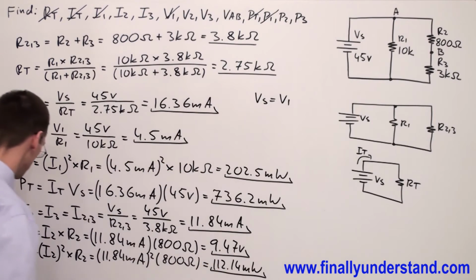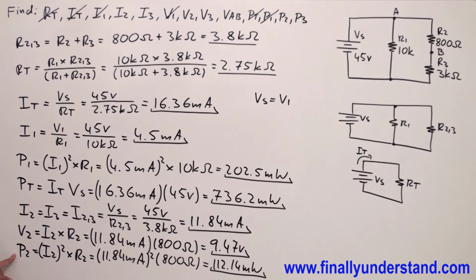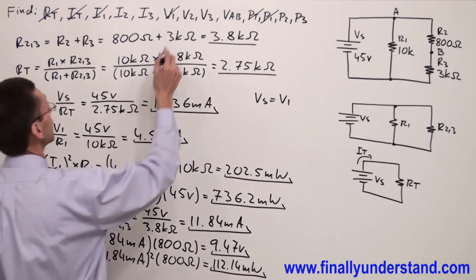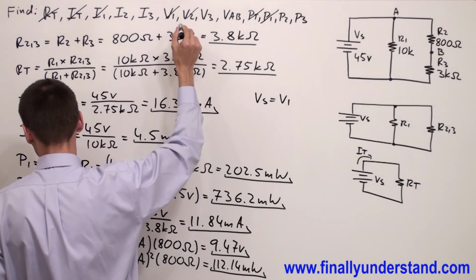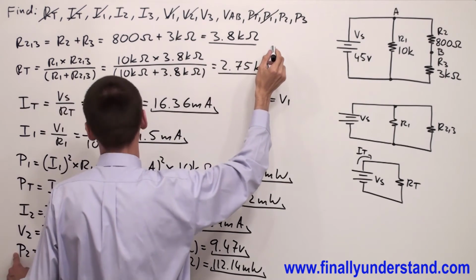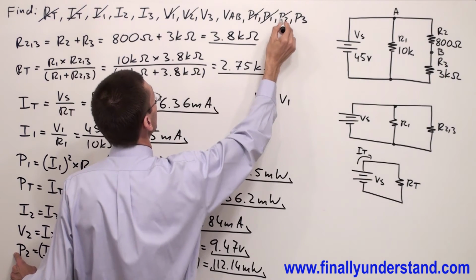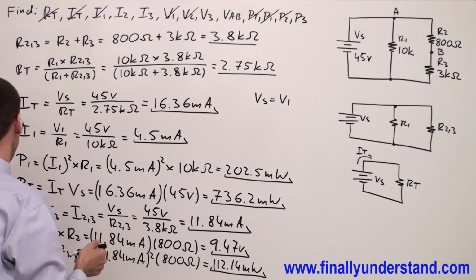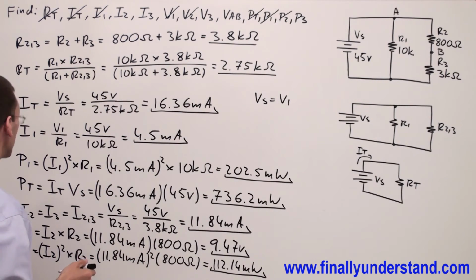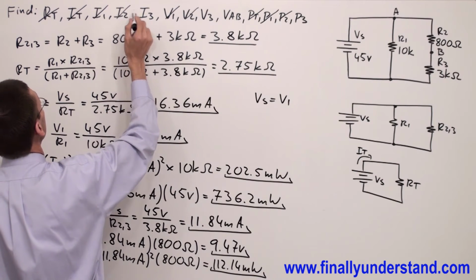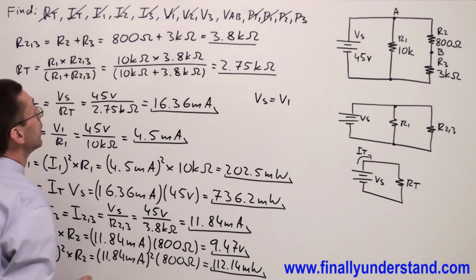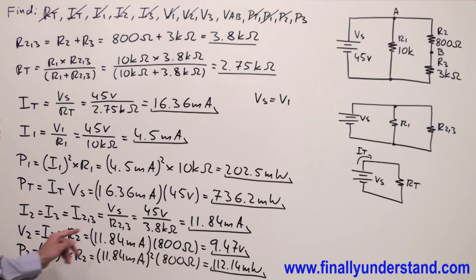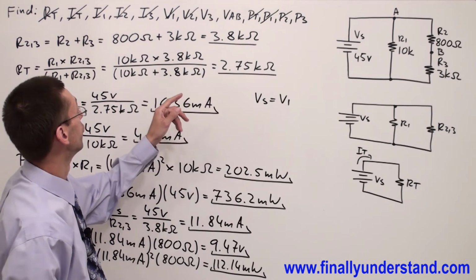Okay, so this is the power at resistor 2. So we found V2, we also found P2, and we also found I2 and I3.